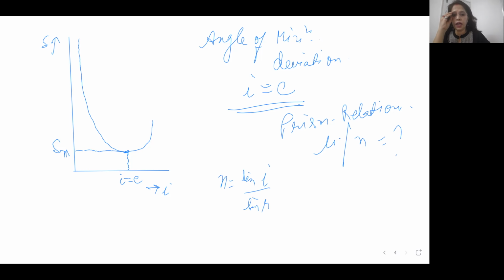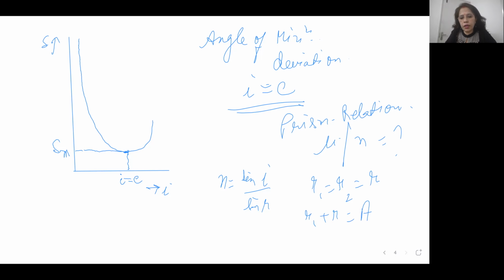Okay. So now, what happens for minimum deviation? In this case, for minimum deviation, R1 is equal to R2 and this is equal to R. So what will happen? R1 plus R2 is equal to A. We know this.